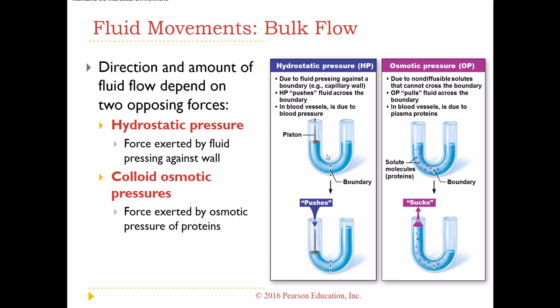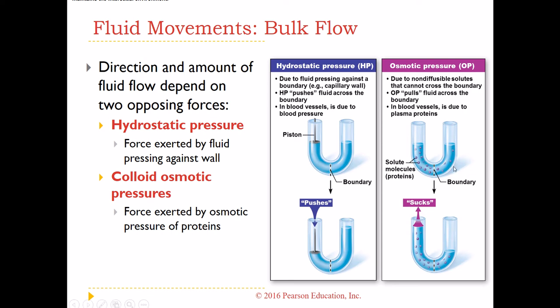Now, osmotic pressure has to do with all the plasma proteins in our body, in the specific case of our blood vessels. But in a generic instance, if you have some solute over here and some solute over here, but you have more of that solute over here, and the solute can't move because it's non-diffusible, it can't make it through the boundary, then the water moves via osmosis.